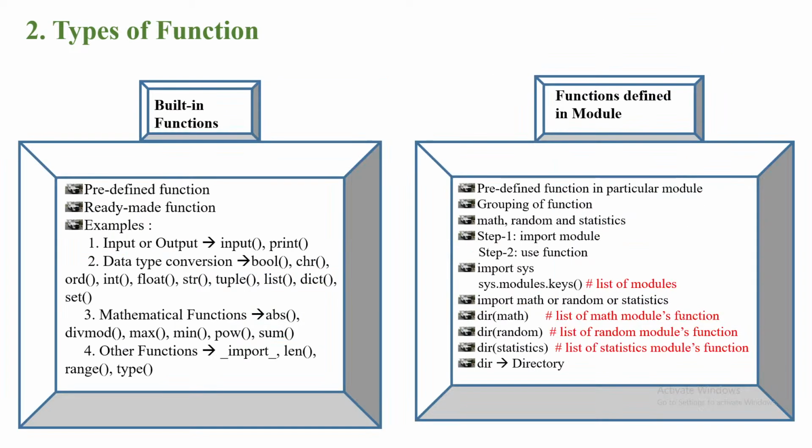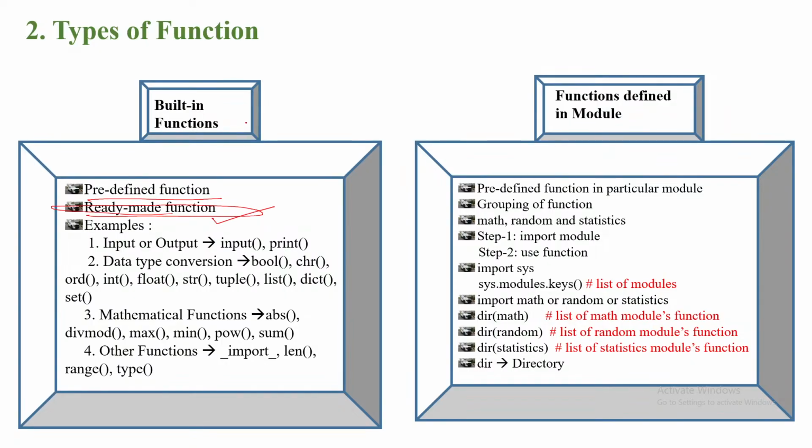So now we will see built-in function and functions defined in module. What is a built-in function? Built-in functions mean predefined functions. Predefined means it's already given by the developer, not the programmer. It's already available, so that's why it is called a ready-made function. Which type of function is called ready-made?